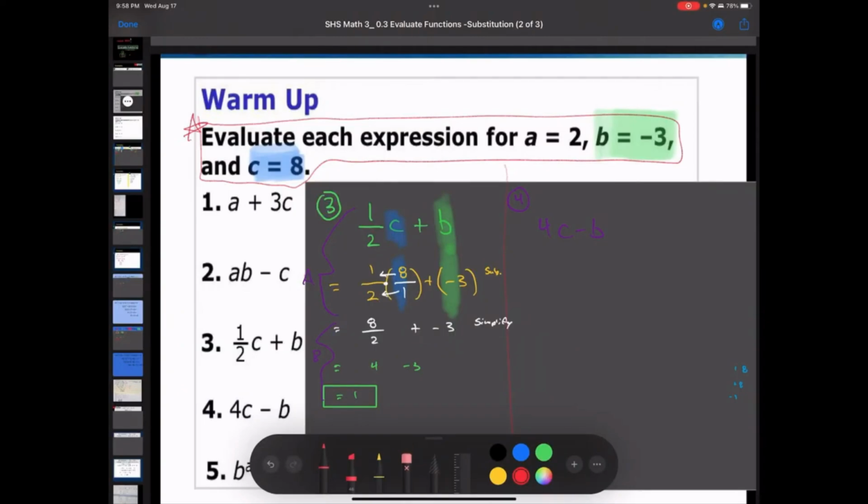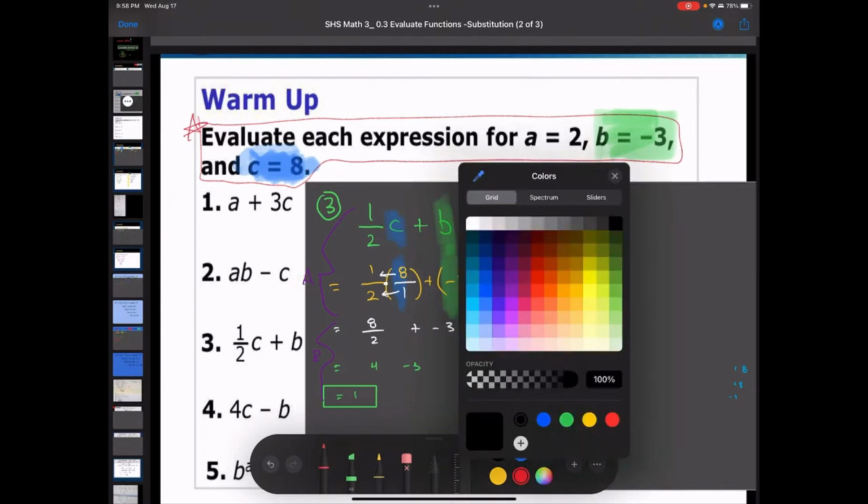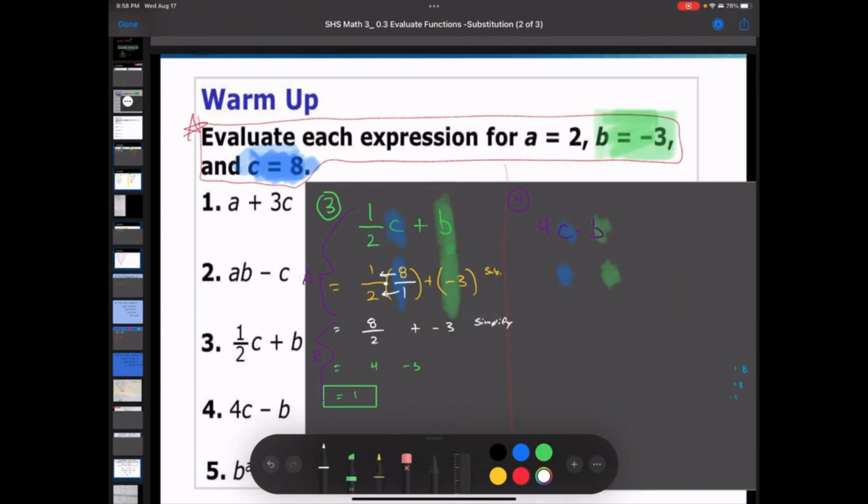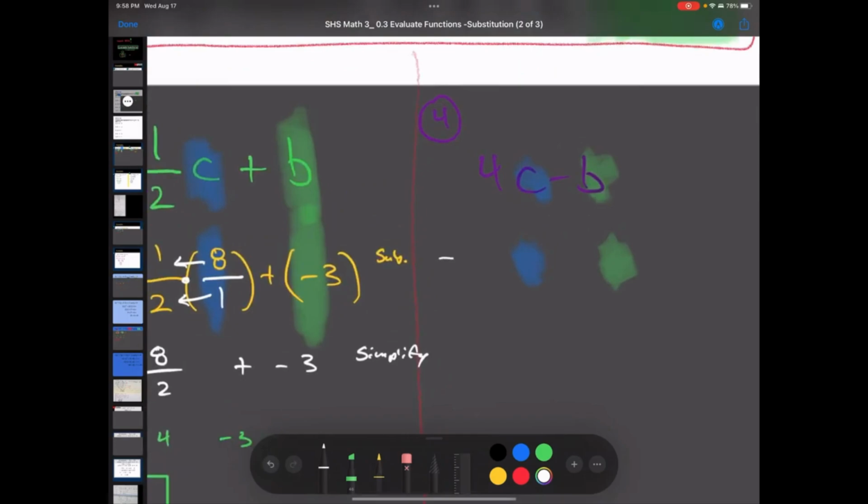All right, let's go over question number 4. 4C minus B. So that means every C value I already highlighted here in blue is going to be 8. And every B value will be -3. So let's go ahead and do our substitution. 4 times 8.